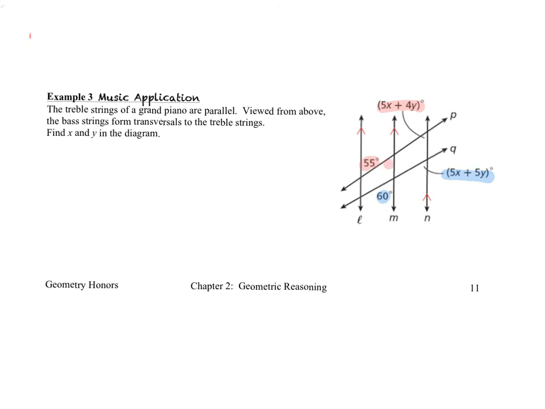Okay, so all of these pink spots will be alternate interior angles. So I know that my first equation can be 55 equals 5x plus 4y. And for the second one, the 60 degrees is corresponding to the 5x plus 5y. And so that's my next equation.